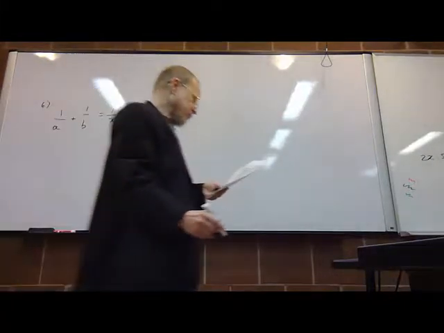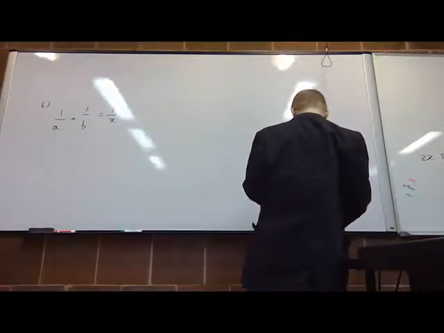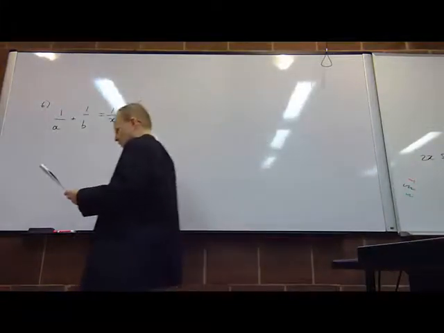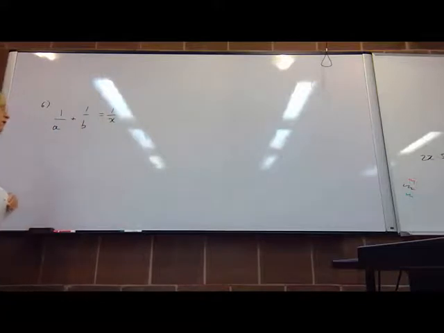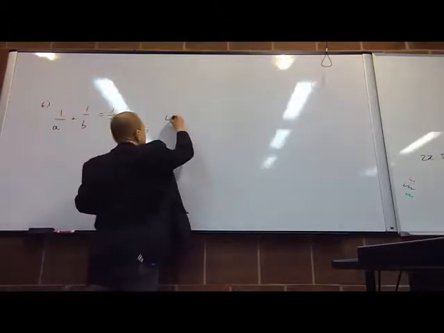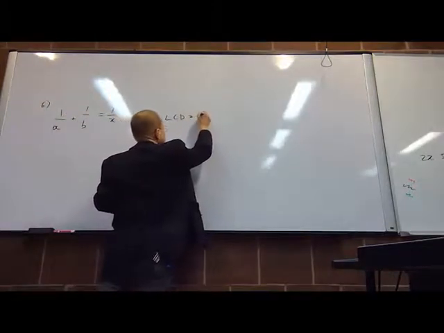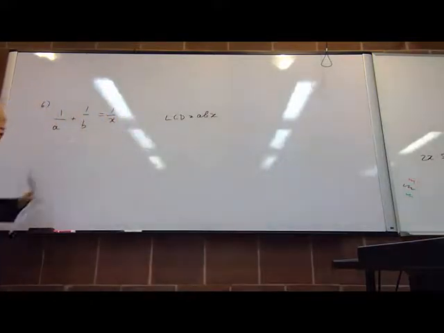So again, we do the same sort of thing. We want to look for the lowest common denominator and clear the denominator. In this case, the lowest common denominator is a, b, x. So we multiply the whole thing through.